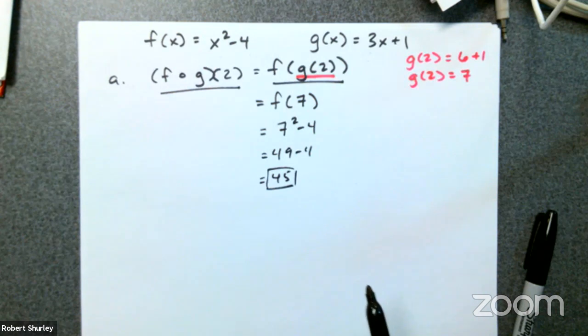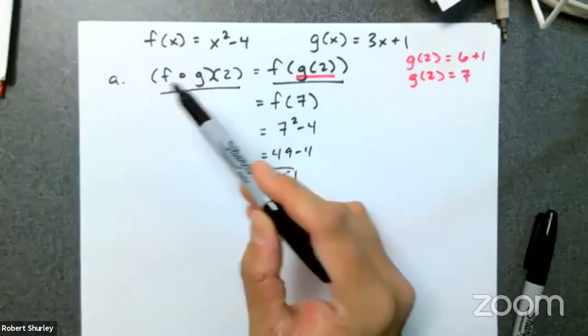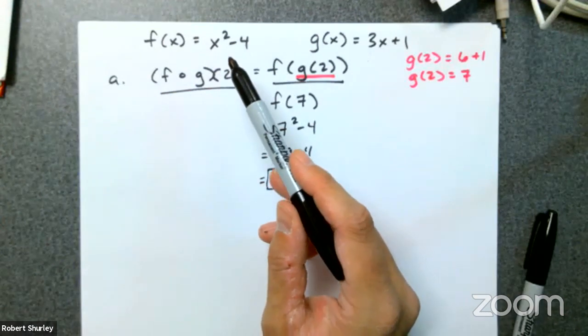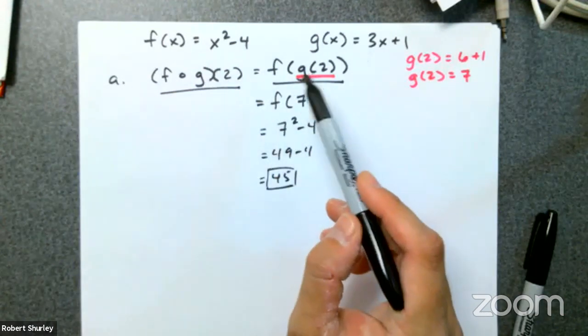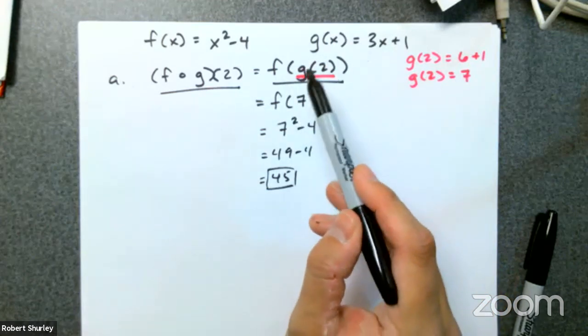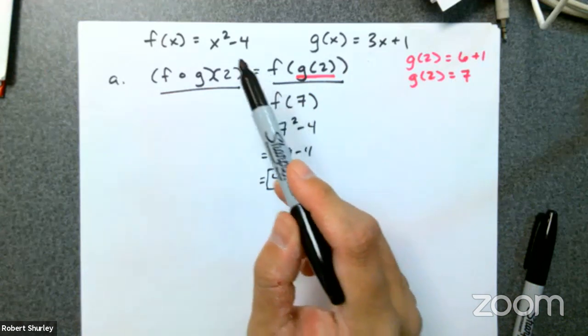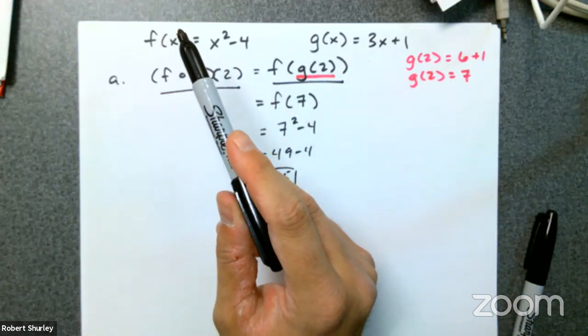So it's a little different in that if you start with a number and you don't have the equation already for the composition, you could just plug that number into the inside function. It gives you whatever you get for that number. So g of 2 becomes 7. And then you plug that 7 into the outside function.